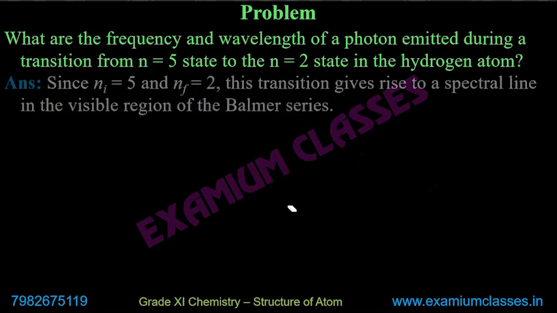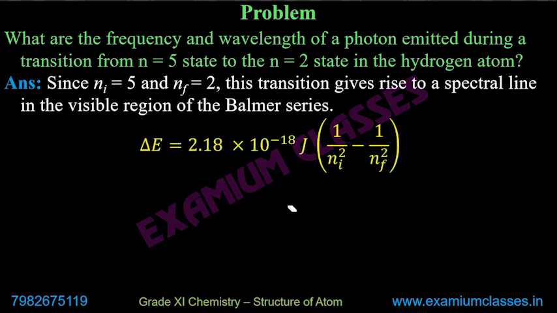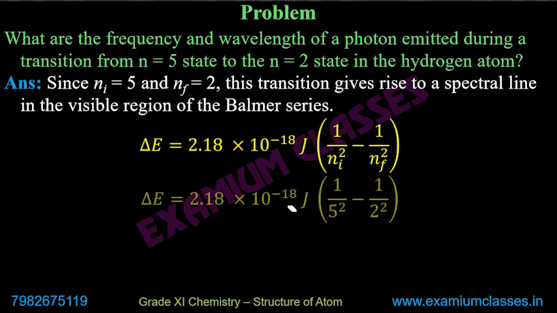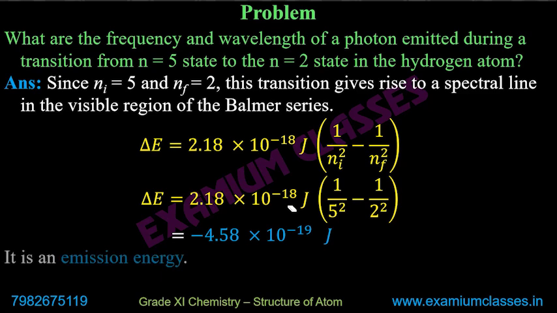So how to solve such questions? There are various ways. You can just apply the formula of delta E and substitute the values. Initial is 5 and final is 2. Once you get the value of delta E, apply delta E equals h nu. Remember, because it is negative, it means energy is emitted, so you will get the sign accordingly from the formula.